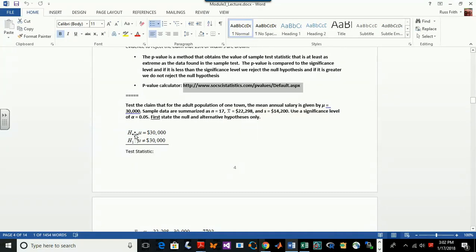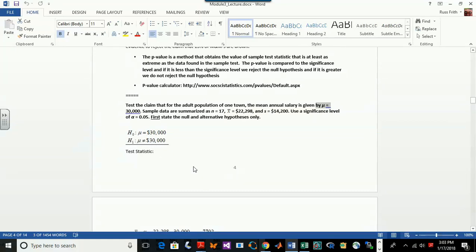The claim is that an expert claimed the mean salary is $30,000. The counter to the claim is that the mean salary cannot be $30,000, and so the alternate hypothesis is here. This is a two-tailed test because of the not equal sign.